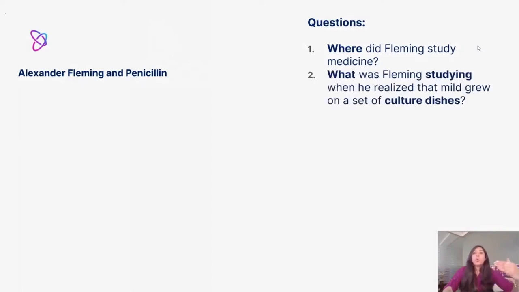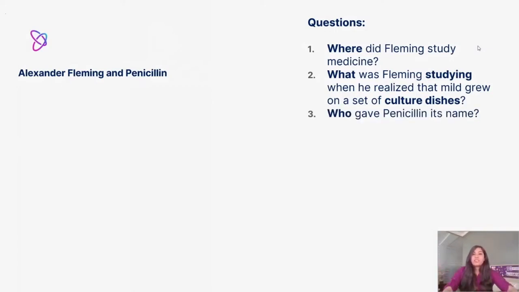Second question, what was Fleming studying when he realized that mold grew on a set of culture dishes? So keywords here I've highlighted are what, because you're looking, what is it? What was he studying? Okay, so you're looking for what he was studying, and also culture dishes. That's a keyword that you can find in the passage so that it jumps up at you and the answer will be somewhere there.